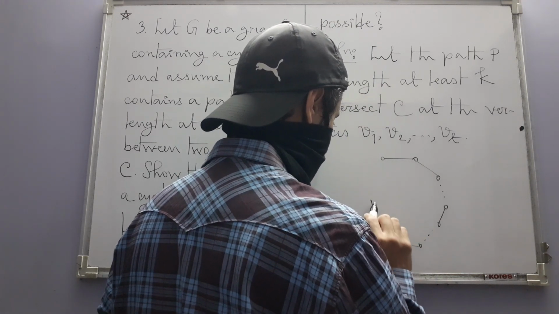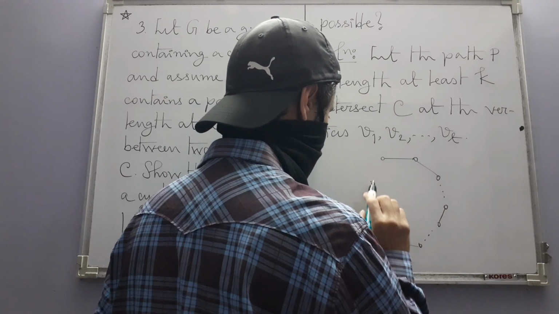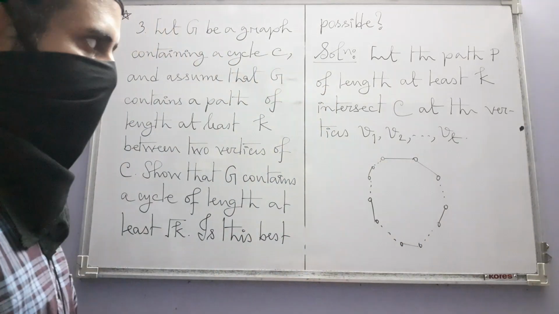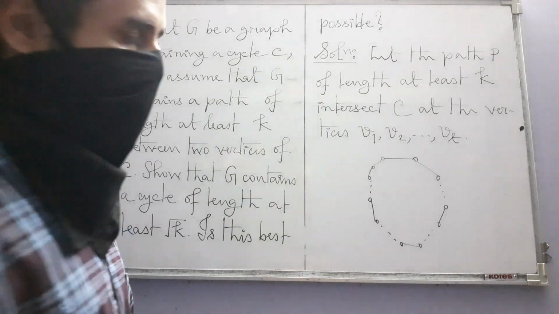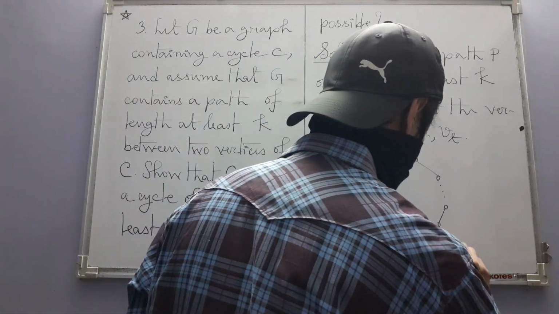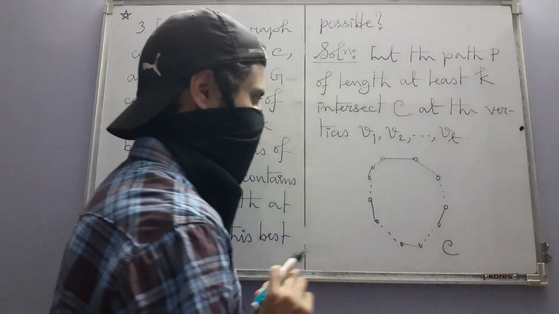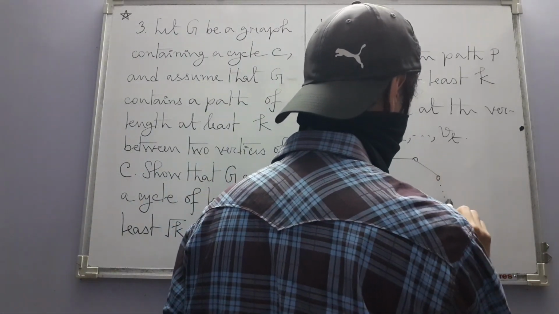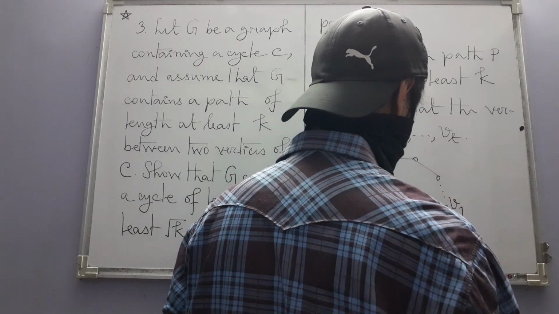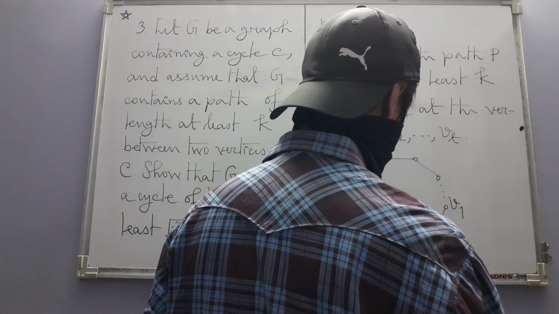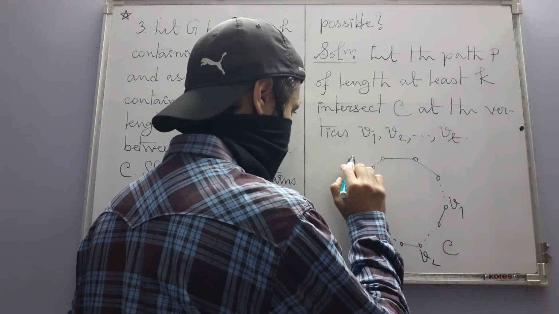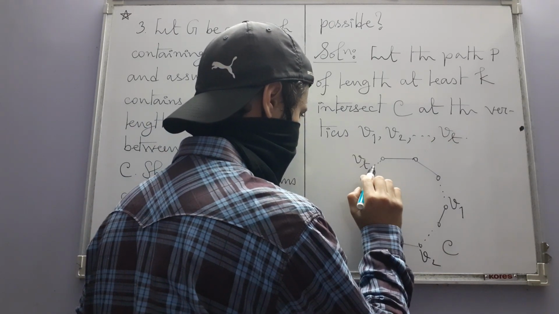But we know one thing, that these are the vertices on C at which that path intersects C. So say this is V1, this is V2, and this is say Vt.